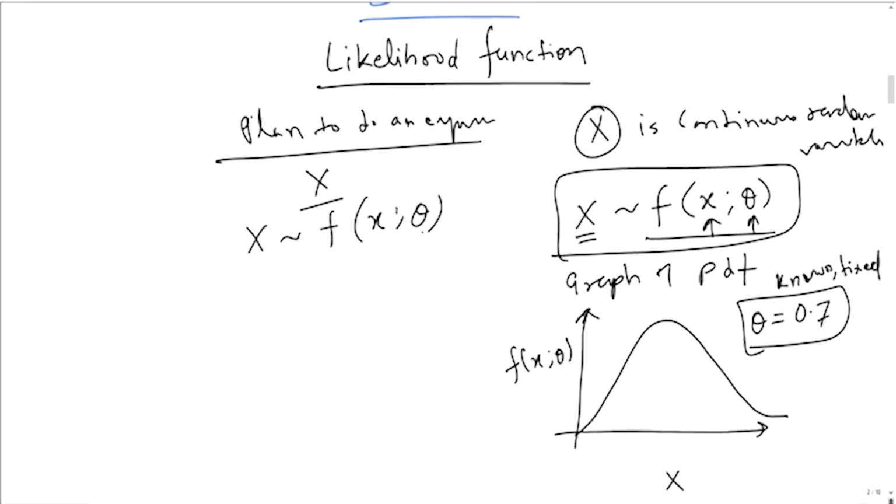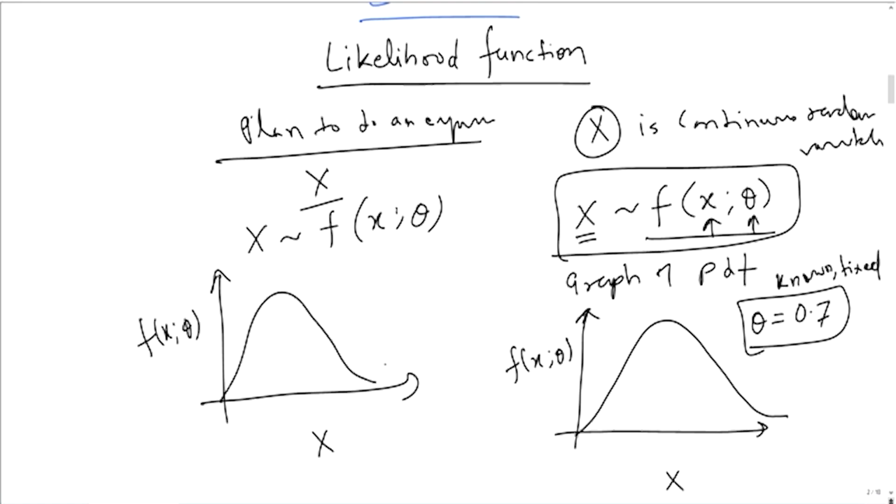So, this is your assumption about the outcome of the experiment, right. Once you have made the assumption, then you can draw or visualize what kind of data you might expect in this experiment. So, you can draw a probability density function with respect to values of x, assuming some fixed value of theta. And if you are not sure what theta would be, you can draw these graphs for different values of theta as well, right. But this is just for visualization, of what kind of values you might expect in this experiment for a given value of theta, right.